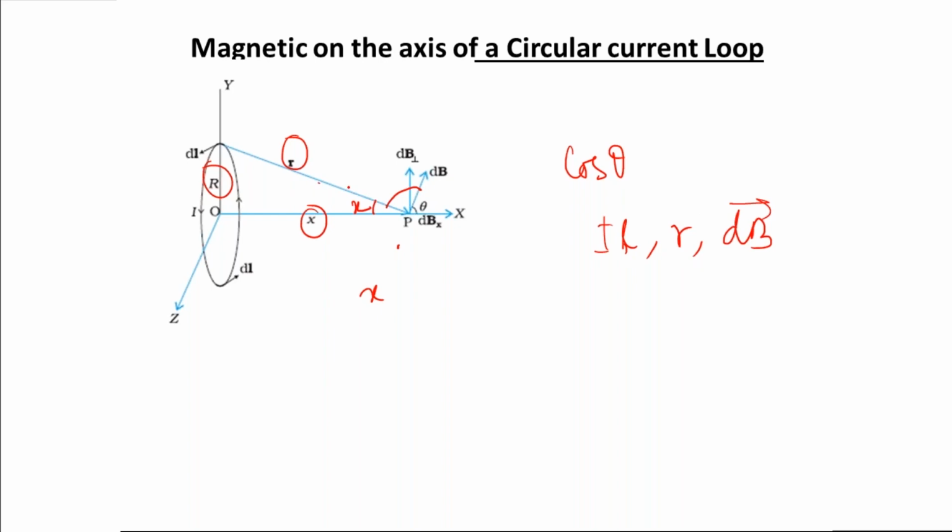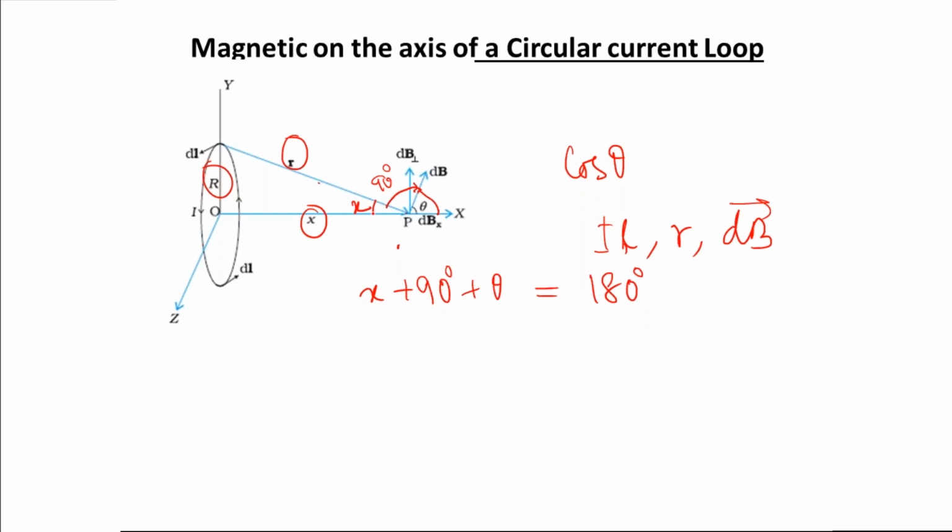This is the r vector, the radius vector. This is the total magnetic field for this element. So they will be perpendicular to each other. So I can write this as x plus 90 degree plus this angle theta, and altogether this will be 180 degree.